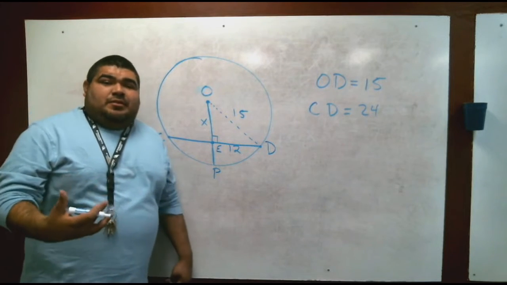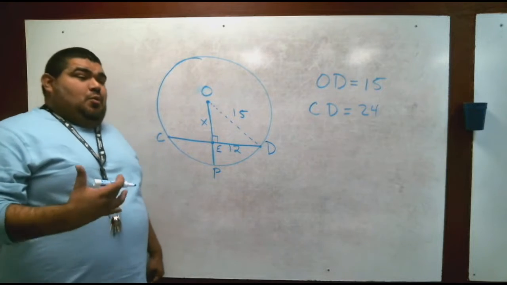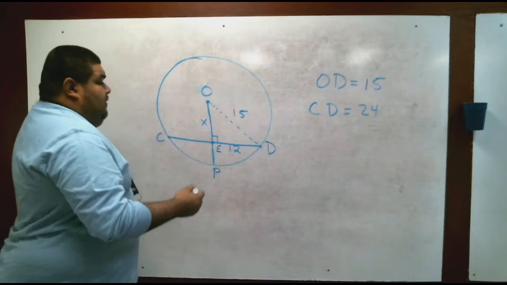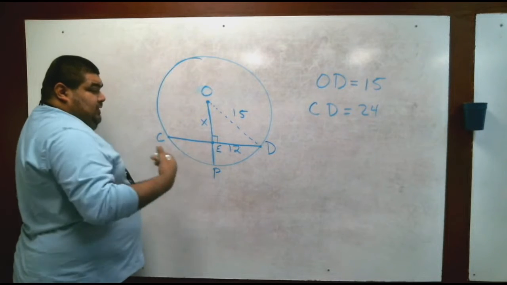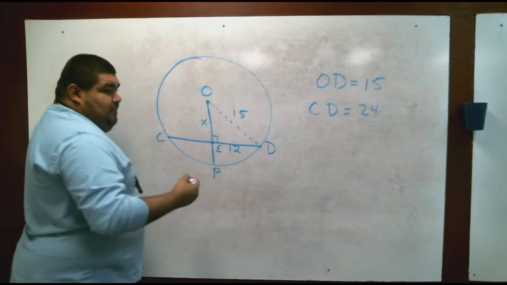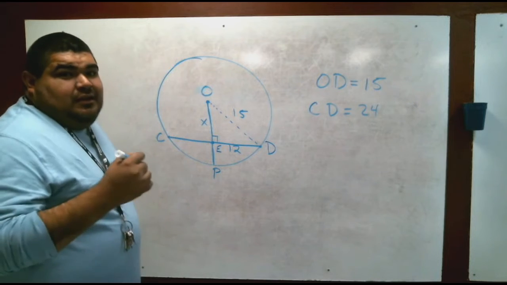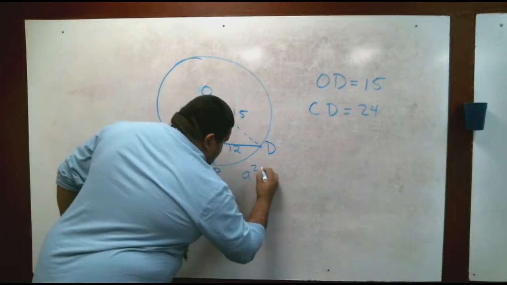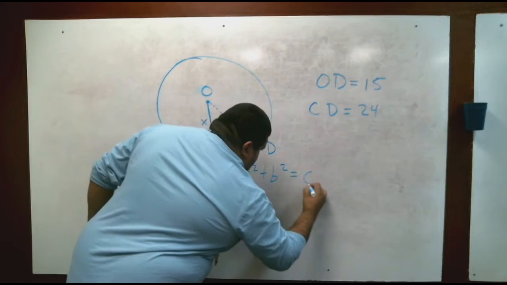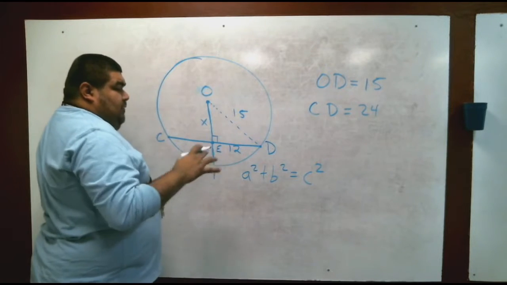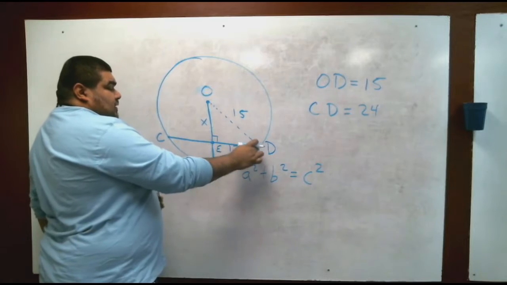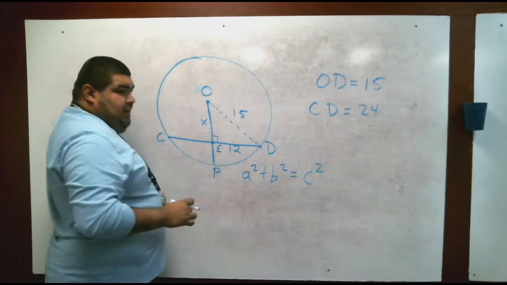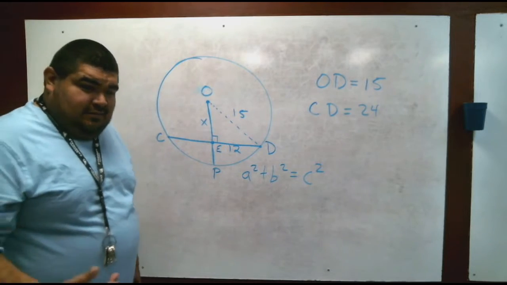This kind of looks familiar. You saw this in Algebra 1. It's called the Pythagorean Theorem. The way we solve for x is we label the sides A, B, and C: A squared plus B squared equals C squared. C is always across from your 90-degree angle, your slanted height.